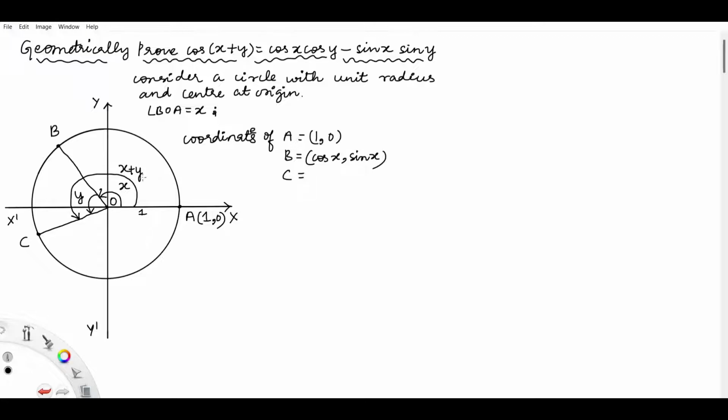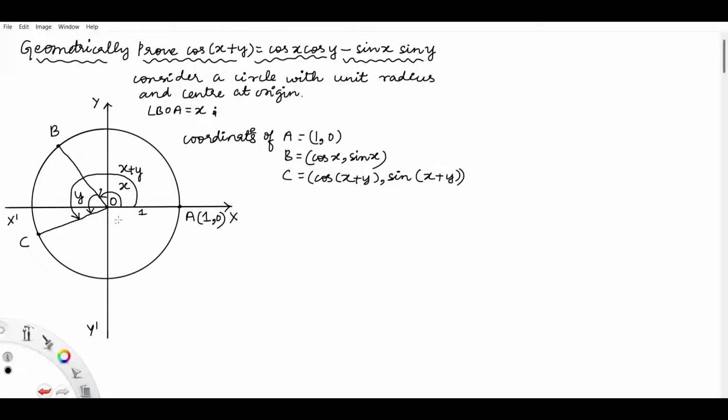So in this case, theta for C is going to be x plus y, not only y. So the coordinates of C can be cos of x plus y comma sine of x plus y. In place of theta, here we have x plus y. That is all the difference.